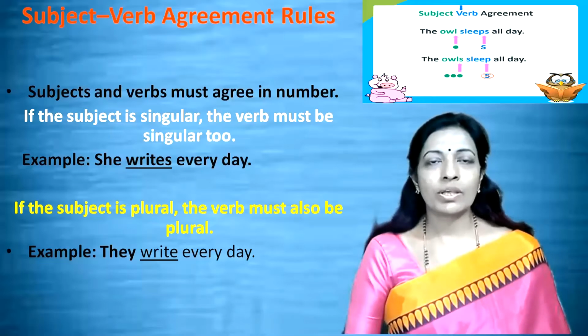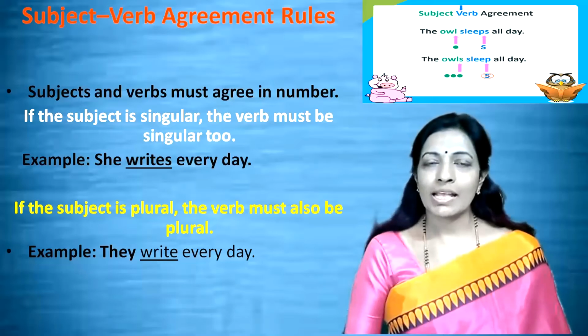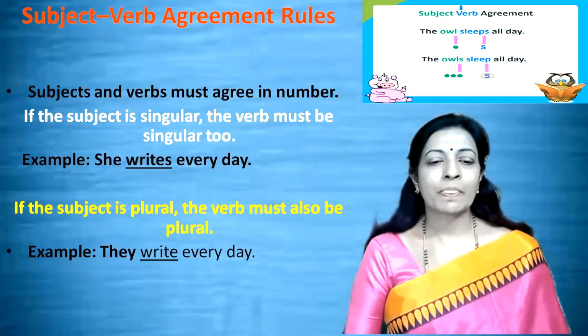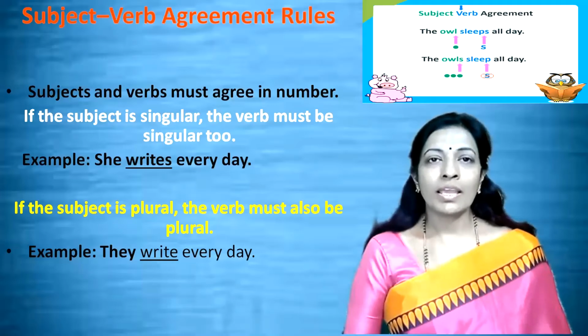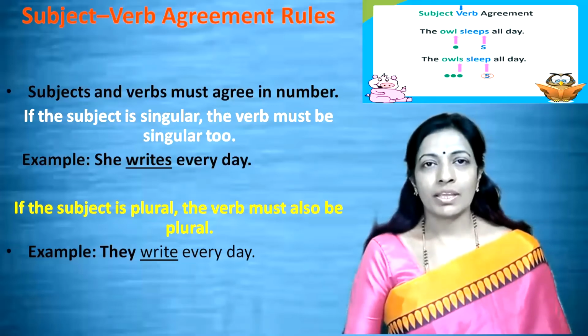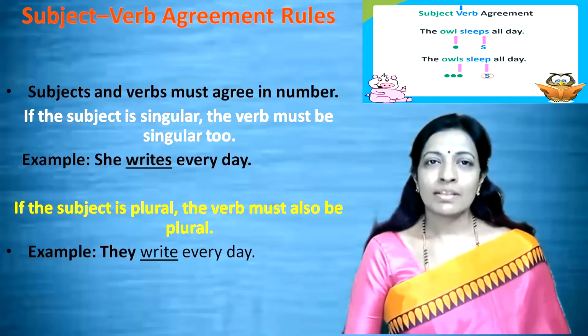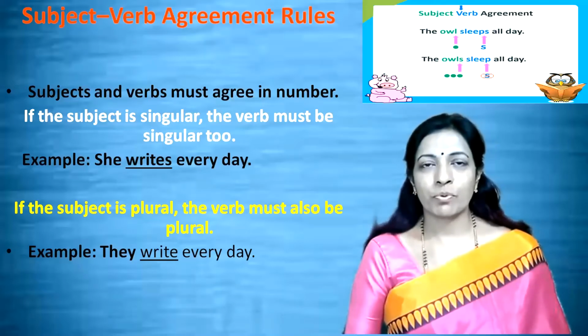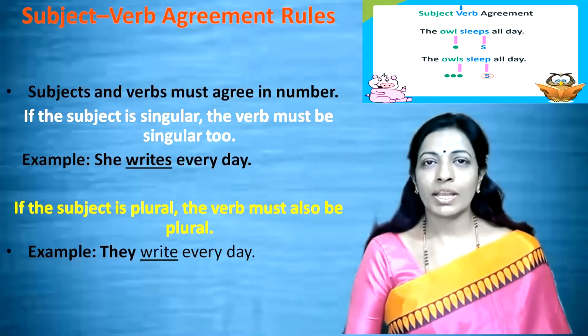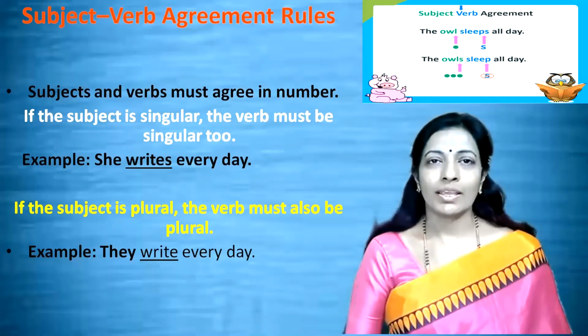She is singular, therefore the verb is also in the singular form and is followed by S or ES. They write every day. In this sentence, the subject is plural, therefore the verb is also plural and it does not end with S or ES.